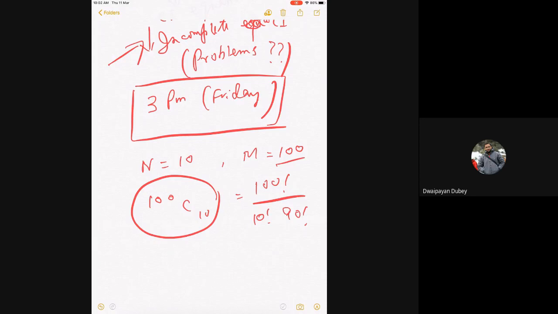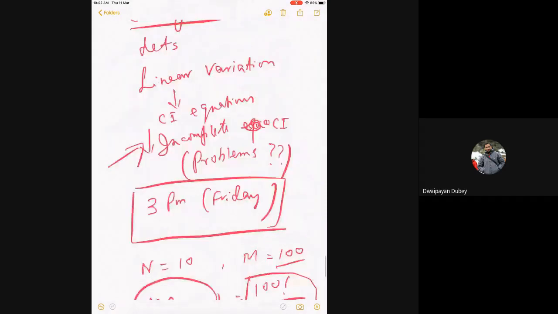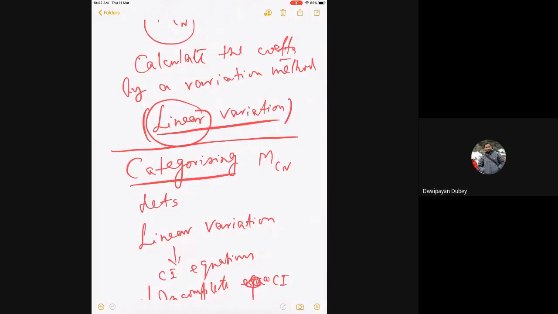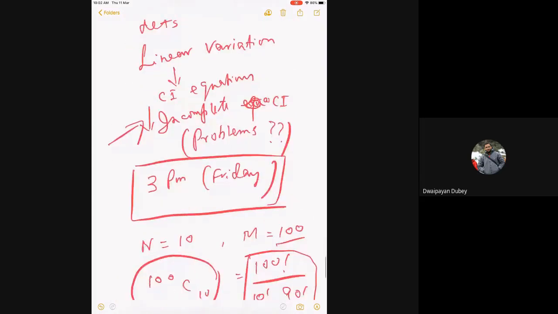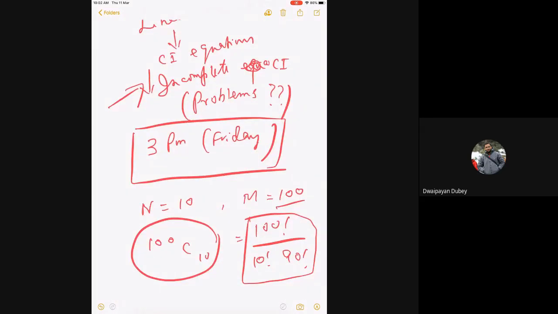By any calculator, it will be mind-bogglingly large. So it will be very difficult to do full CI, unless it's a very small system. So we will be forced to do truncated CI. In that case, we also need to know what the problems of truncated CI are. Okay, and then we will go to the perturbation theory and so on.